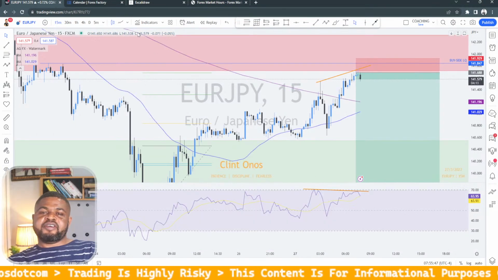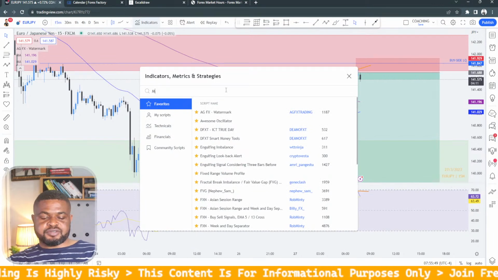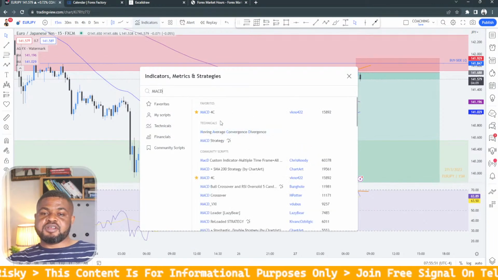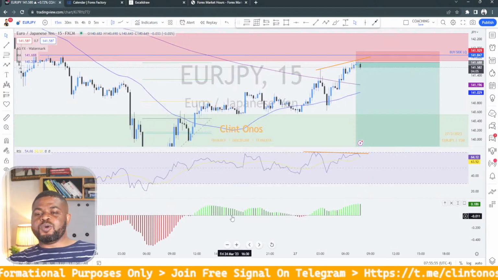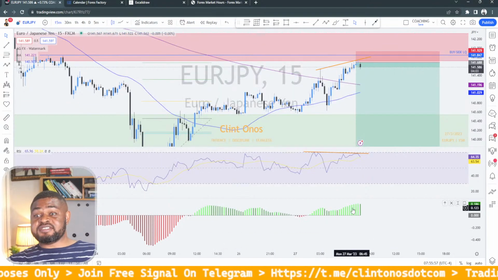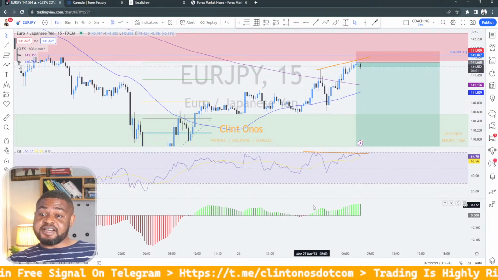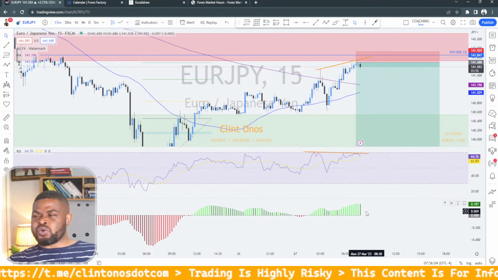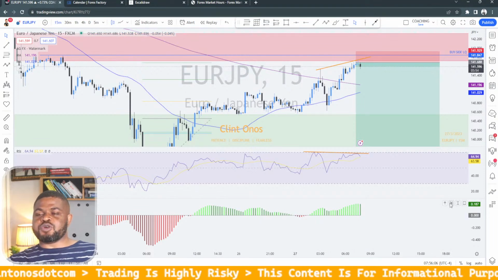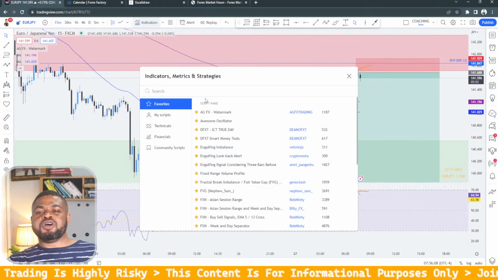Right there. Of course, MACD should also give us divergence. Don't disappoint me, MACD. Give me divergence. No divergence for the MACD. What's it called? Histogram, right? MACD histogram. All right.